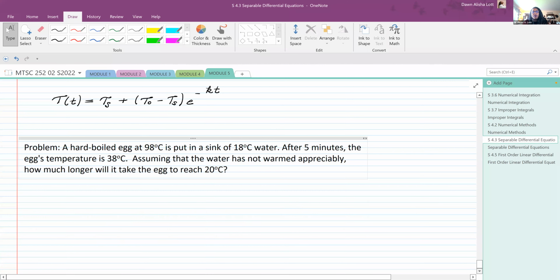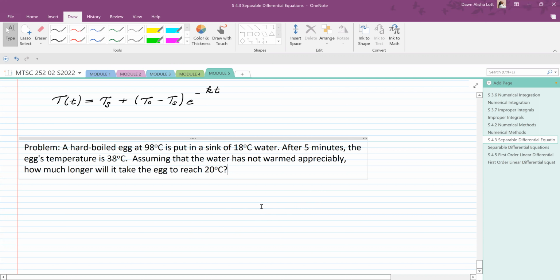Okay, I'm trying to solve for t. Somebody give me some information. What do you see in this problem? What did they give you? Rodney, what do you say?